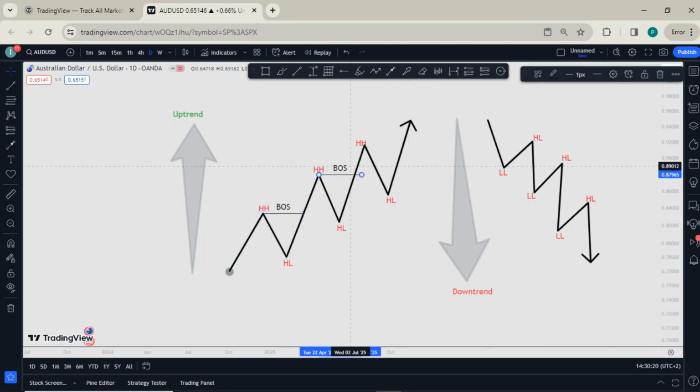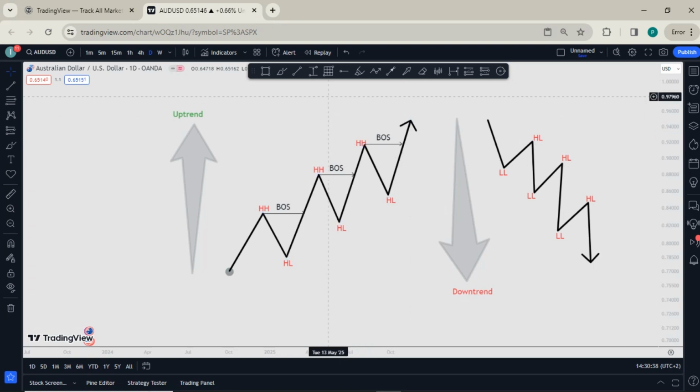And then again, when a higher low breaks a higher high, it is what is called a break of structure. And then when a higher high gets broken, it is what? A break of structure. So now we have identified our break of structure on an uptrend, right?